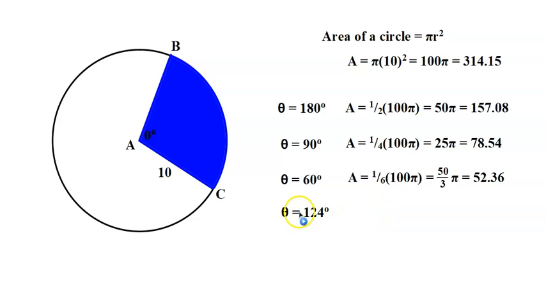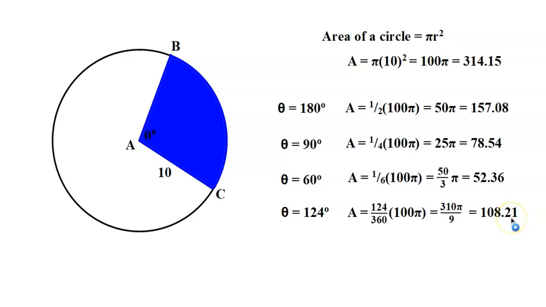So all we have to do is put 124 over 360, and we have 124 degrees over 360 degrees, that's our fraction, times the area of the circle. Notice you can put the pi up in the numerator, so 310 pi over 9, that's fine. Either way, whether you have the pi outside the fraction or in the numerator, either way is good. Or approximately 108.21.